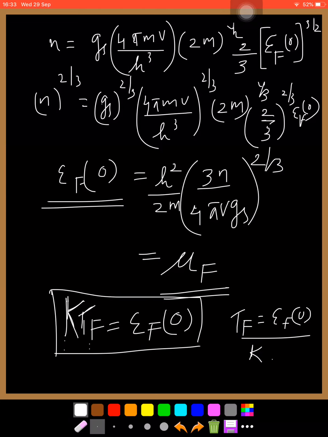So we have calculated EF0, that is the energy at absolute zero. Energy at absolute zero യുടെ എക്സ്പ്രഷൻ ഇതാണ്, and this depends upon N by V അല്ലേ, നമ്പർ ഓഫ് പാർട്ടിക്കിൾ, അതിൻ്റെ വോളിയം, അതിനെയൊക്കെ ഡിപ്പെൻഡ് ചെയ്തിരിക്കുന്നു.